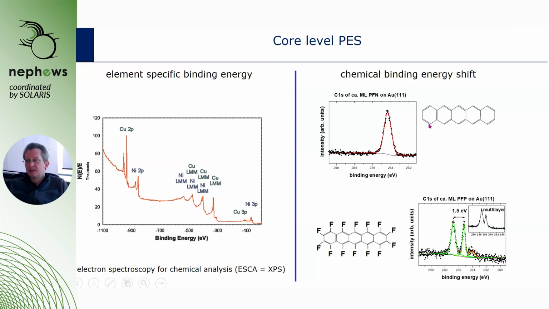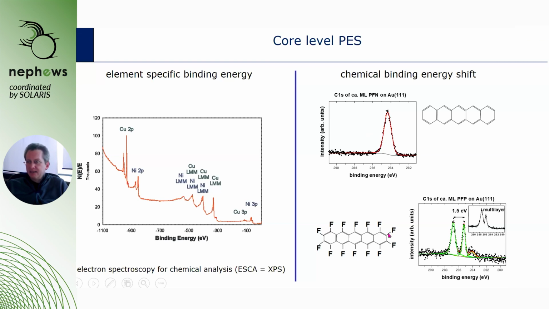What you can do is replace all the hydrogens at the periphery of the molecule with fluorine atoms to change the electron affinity and ionization energy of the molecule. When you then look into the details of the carbon 1s core level, you see two peaks instead of only one for the pentacene. For the perfluoropentacene, we can see two clear carbon peaks separated by a huge binding energy difference.